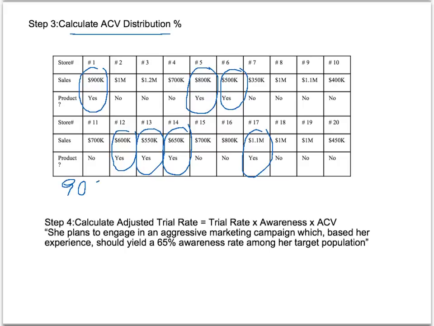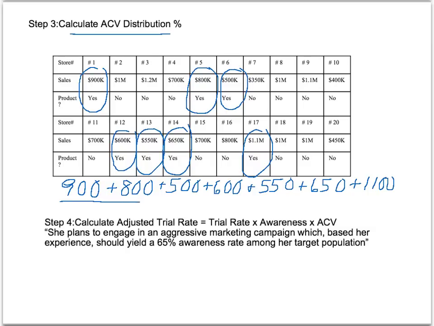Now we're going to add this up, adding up all of those sales, and then dividing by the total sales, where you have to tally up all of the sales.